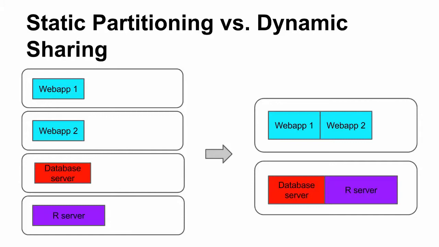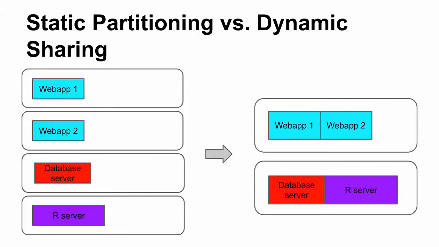So, as we can see on the left, if we were to put one of the web apps on the database server, then that web app could, if something went wrong or if it had a lot of traffic, consume all the resources and starve the database server, which would then affect everything.